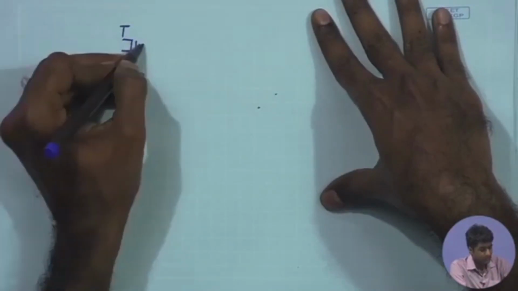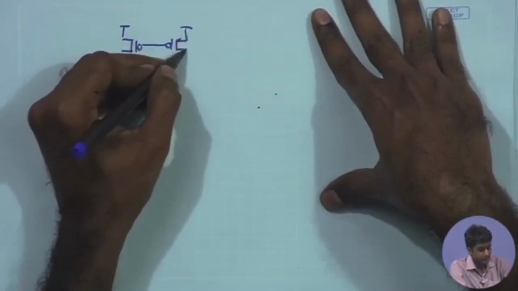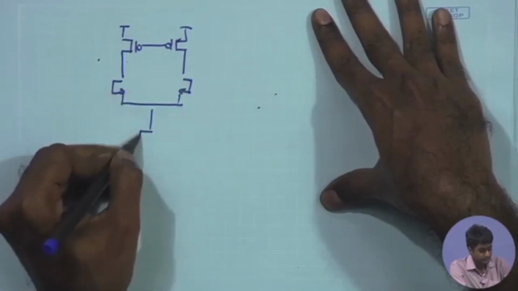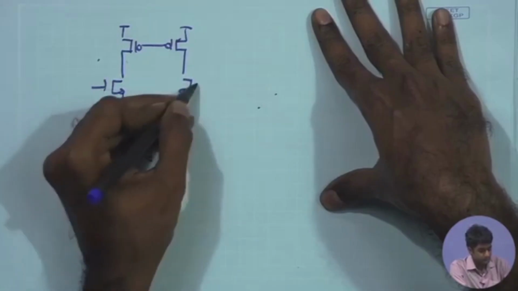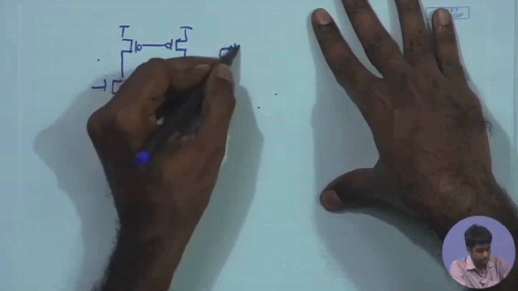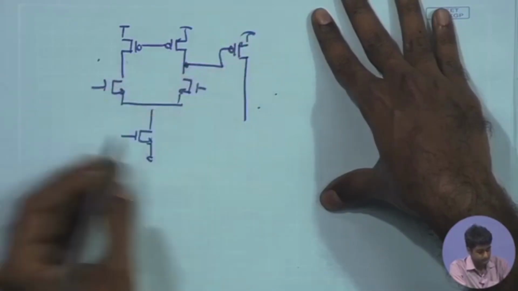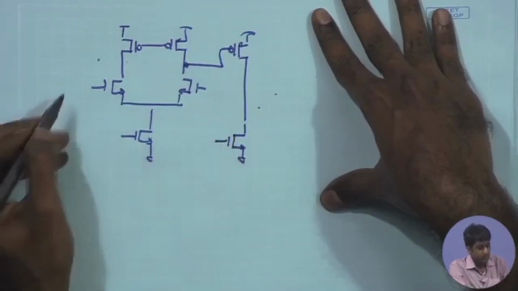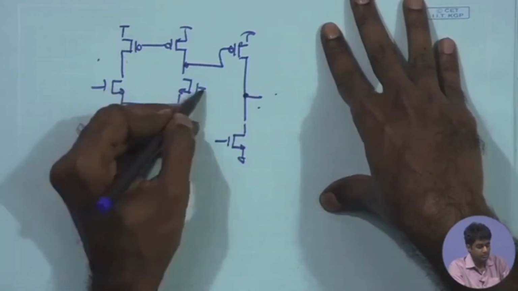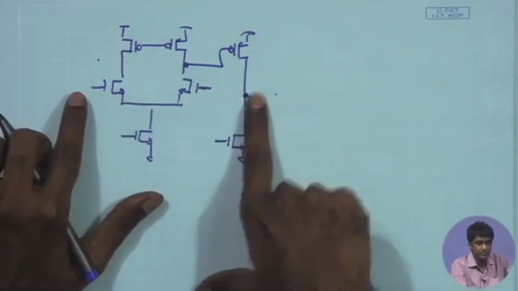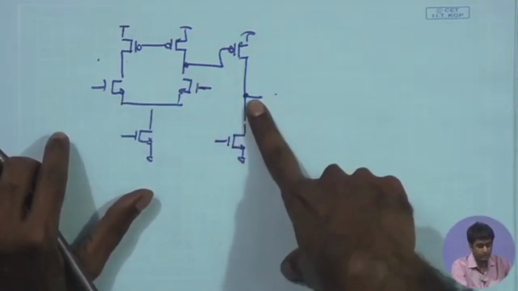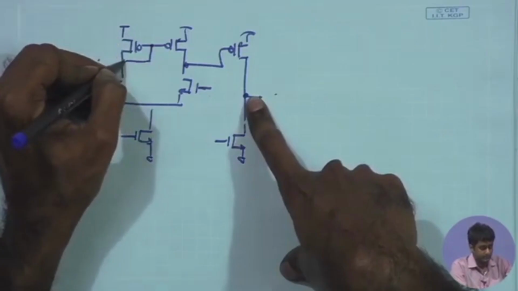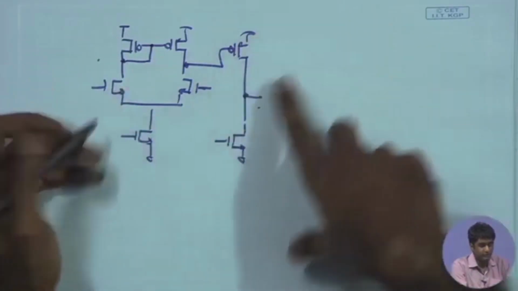So let us get back to our comparator circuit, where we are going to use our open loop amplifier. Remember for the comparator operation, ideally we did not worry about the biasing point of the output voltage over here, whereas for the two-stage op-amp, of course, we have certain constraints.